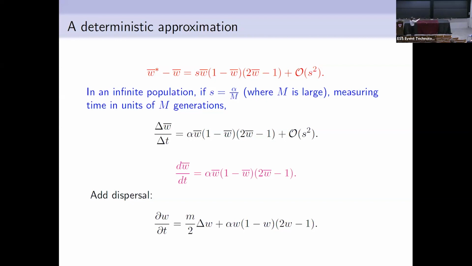And notice that if W is bigger than a half, so if I'm in a region which is dominated by little a's, I get pushed upwards. And if I'm in a region dominated by capital A's, I get pushed downwards. And that will determine the behavior of this equation. We're getting there.